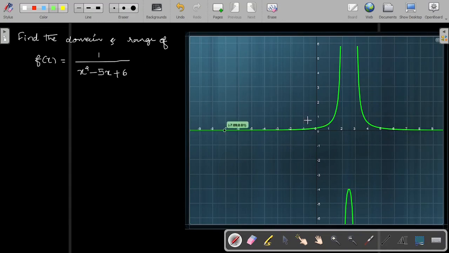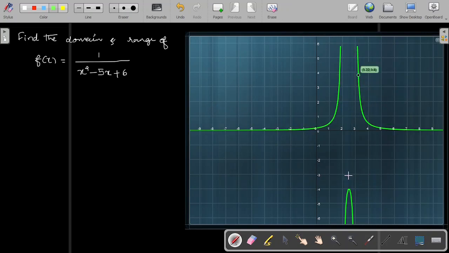Similarly, for the range of this function, you have to look at the y-axis. Range means all possible values of y, the output values; x means input values. For every point on the y-axis, do you have a corresponding point on the graph? From all the positive values of y, this part is covered as well as this part.